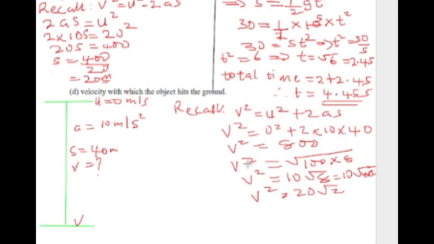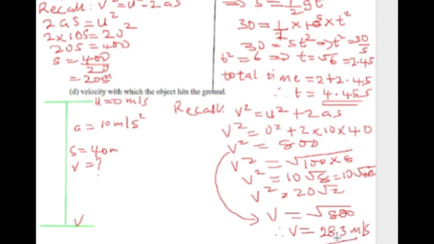So I would rather say v is equal to root 800. Therefore the velocity with which it will hit the ground will be root 800, which is 28.3 meters per second. So we really didn't need this part. It was just unnecessary work. We could have gotten our answer from here.